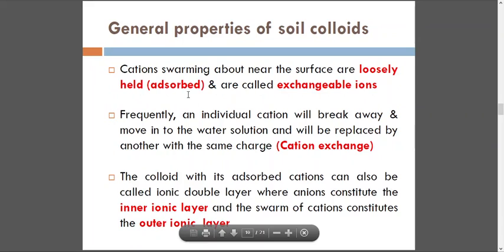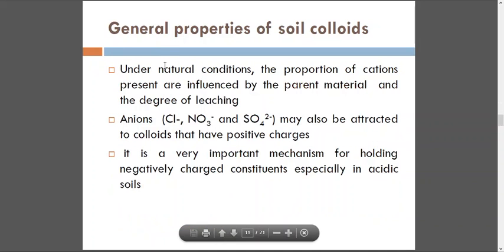But because we have these attracted, already attached or adsorbed cations or anions loosely attached, we keep on having cation exchange. So these cations keep on swapping places with other cations of the same charge. Under natural conditions, the proportion of cations present in a particular soil is normally influenced by the parent material from which the soil was made, or the degree of leaching in that particular area.